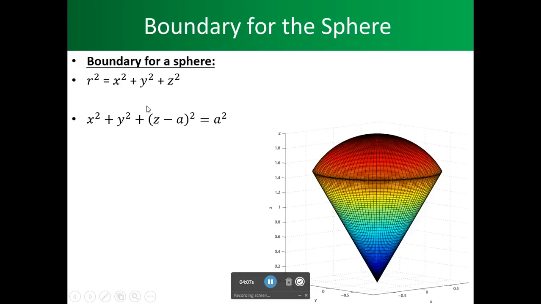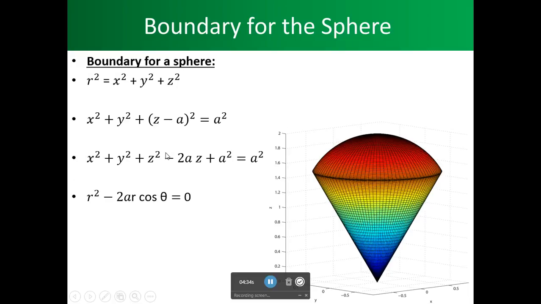So let's multiply out this z minus a squared. We still get our x squared plus our y squared, but now we have z squared. So now we can replace this with an r squared, and this has to remain: minus 2az plus a squared equals a squared. These a squareds can cancel out also.